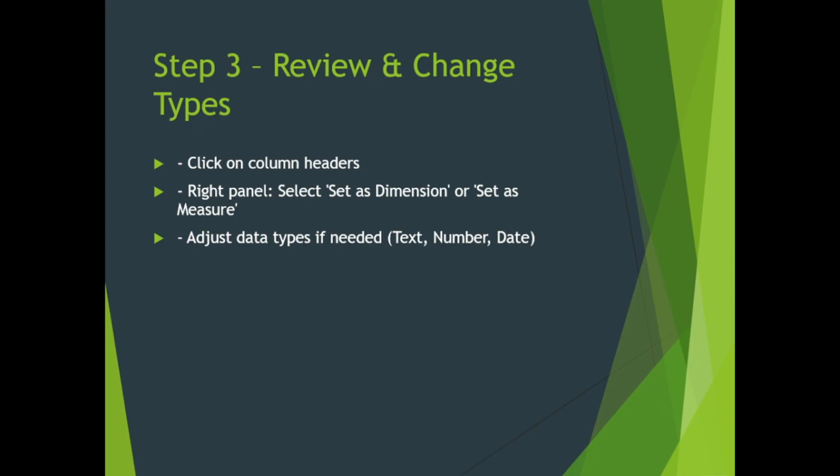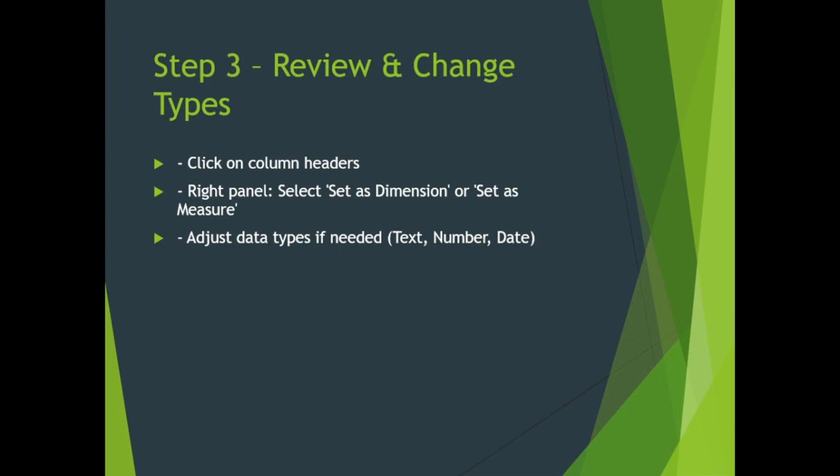Every dimension and every measure has the option on the right side, so we can convert it. If it is a dimension, we can convert it to a measure, or if it is a measure, we can convert it to a dimension. Based on the business requirement, we can adjust their type if needed.